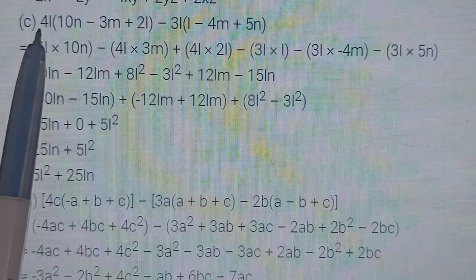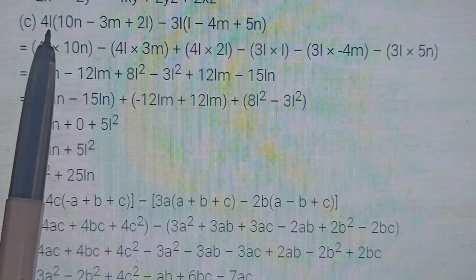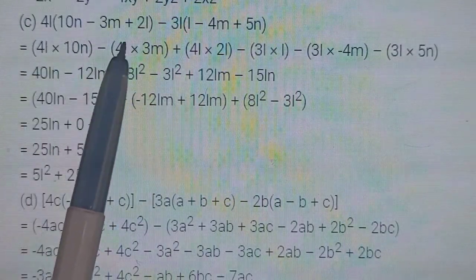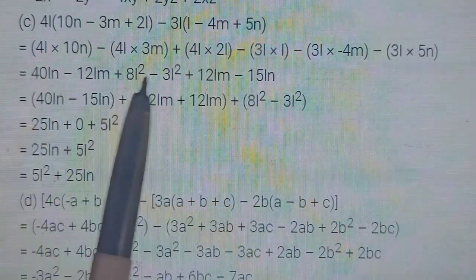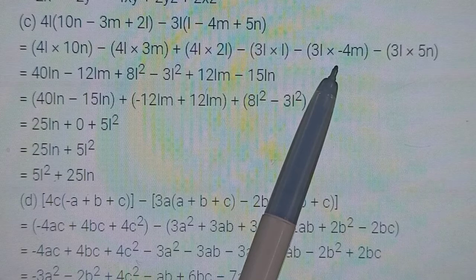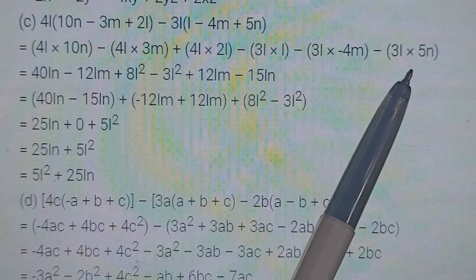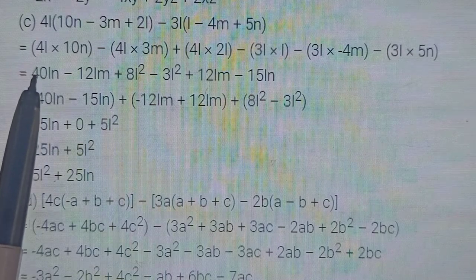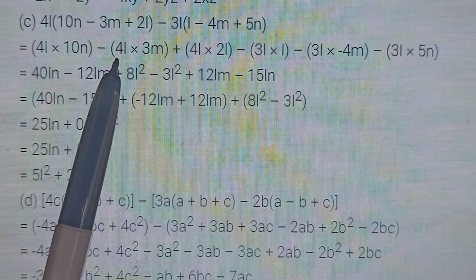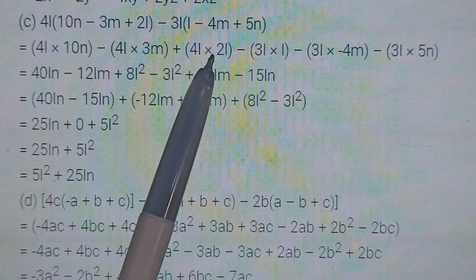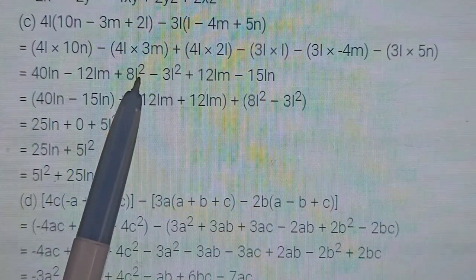Okay, so first there will be multiplication of the monomial with this trinomial. 4l will be given to all three of them. Same way here, this 3l will be given to l as well as minus 4m as well as 5n. Then this product becomes 4 into 10, 40 ln. 4 3s are 12 lm. Then 4 2s are 8 l into l, l square.